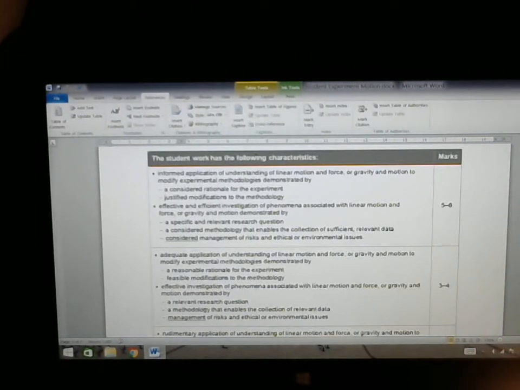If you write your research question, the very first thing after it should be, well, how can I make this more specific? Relevant in this case means that it's connected to the subject matter, and so it needs to link specifically to your research question in terms of the specificity, and we'll see that as well with the next word here. So we have a considered methodology that enables the collection of sufficient relevant data.